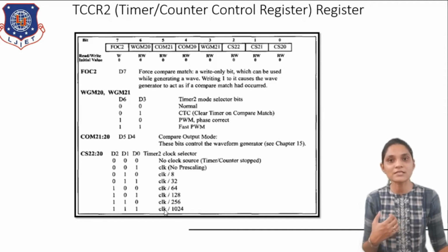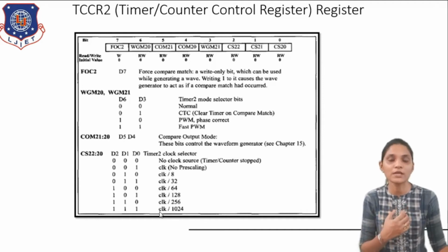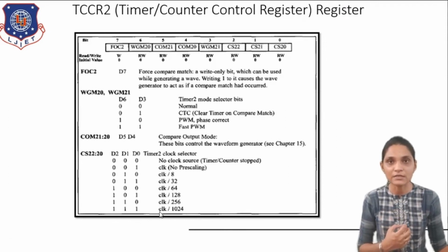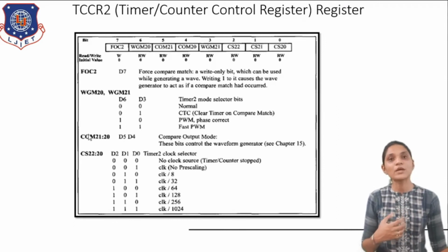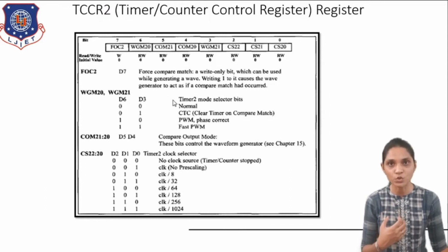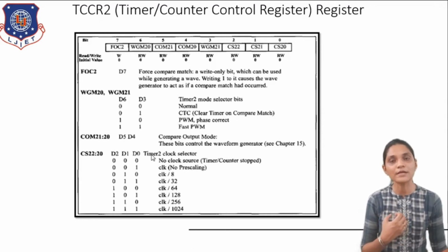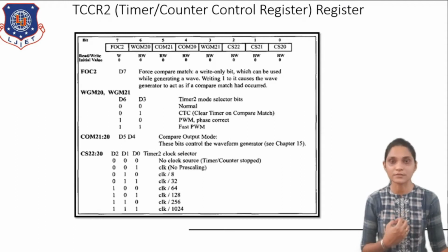Here these selections are different for timer 0 and timer 2. For timer 0 we have the selection from some external input, while here we have this pre-scaling method. So in this way you can select the mode of timer 2 and how you will use these frequencies. So this is the TCCR2, the timer counter control register.